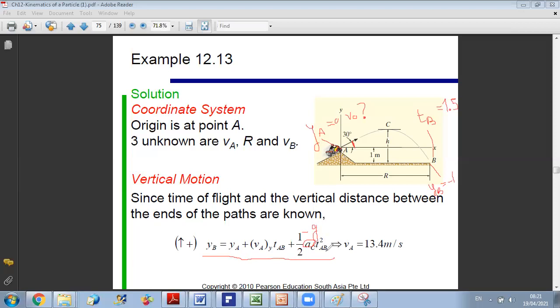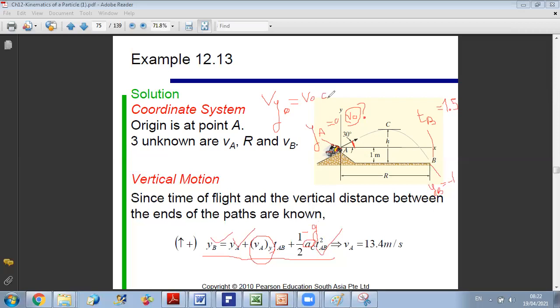Now, I know t, and I know YB and YA, so the only unknown here will be the component of velocity in y. And this component will allow me to get V0, because I can write that VY0 is equal to V0 sine 30.